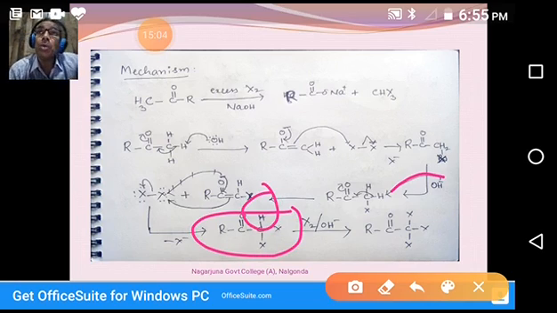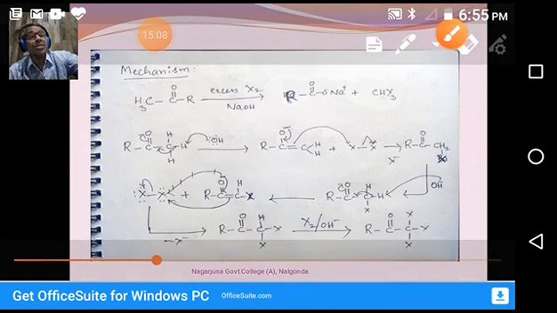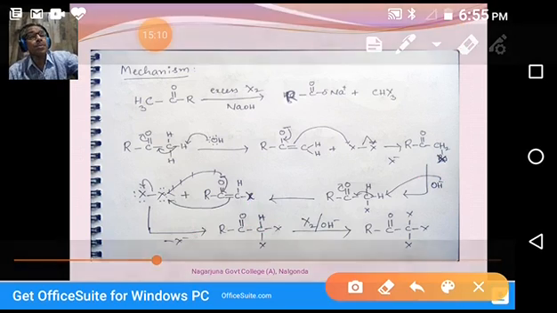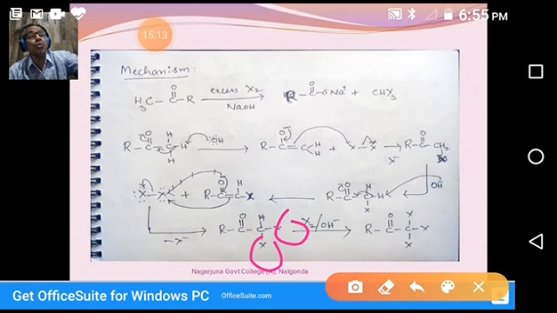There is one more hydrogen. This is even more acidic. Why? Because you see two halogen groups and the CO group. All these are highly electronegative, so they are electron withdrawing.